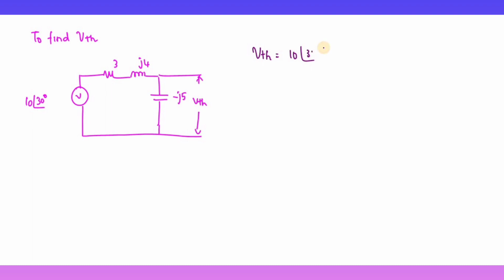VTH is equal to total voltage into minus j5 divided by 3 plus 4j minus 5j. So this is nothing but 10 angle 30 into minus j5 divided by 3 minus j.